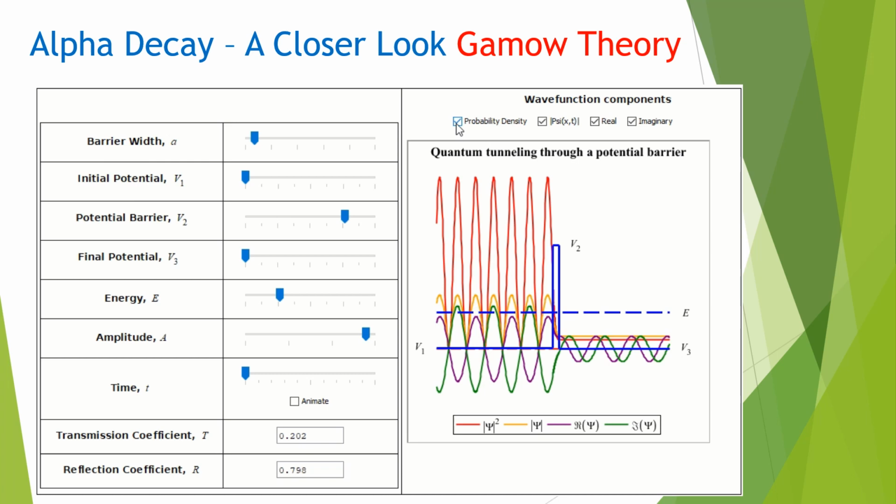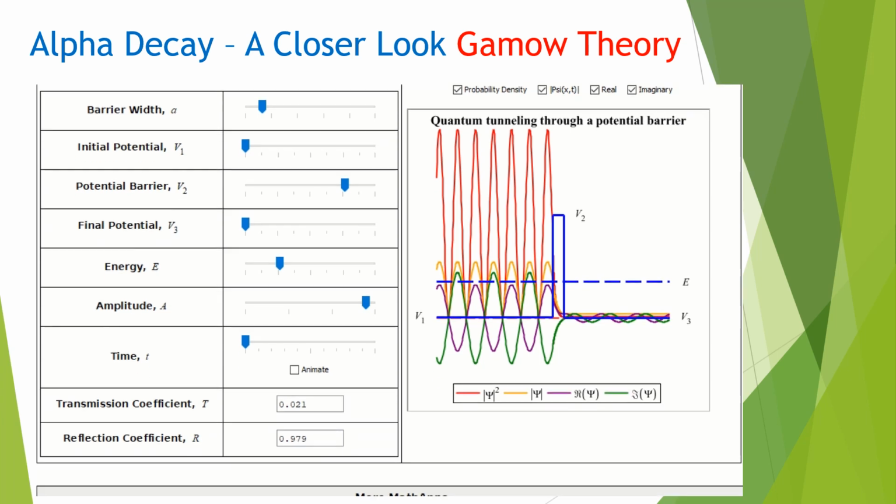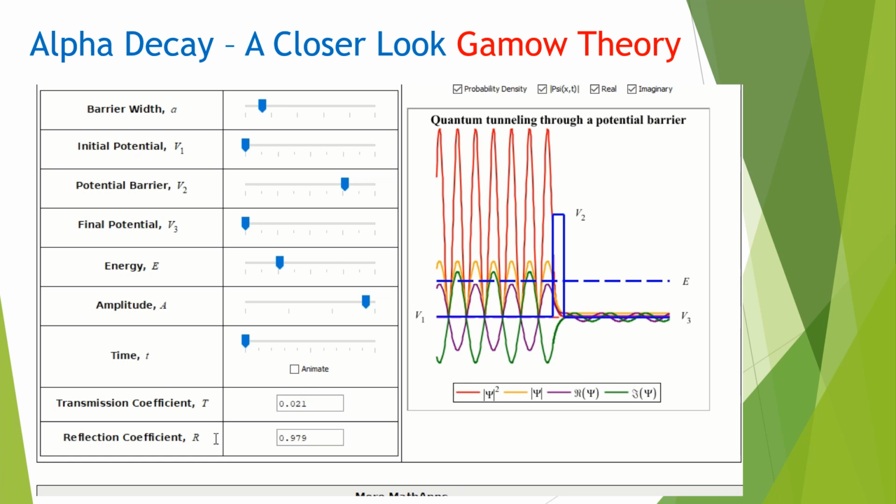Now the whole story depends upon the width of the potential barrier. So as we go on changing that, we can see the effect. Here I am rolling the screen forward so that you can see the transmission coefficient T present in this case and the reflection coefficient.